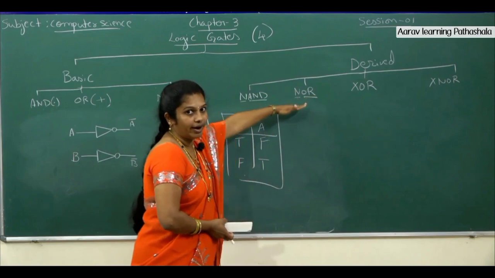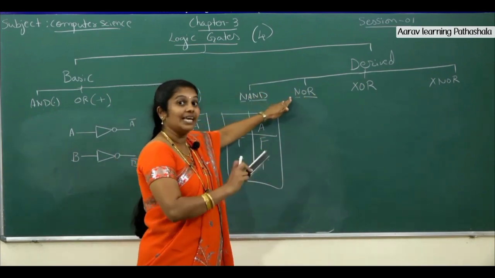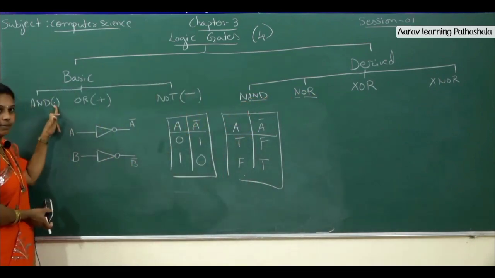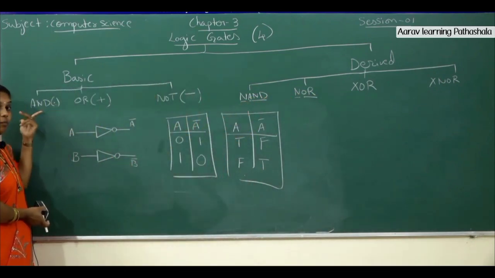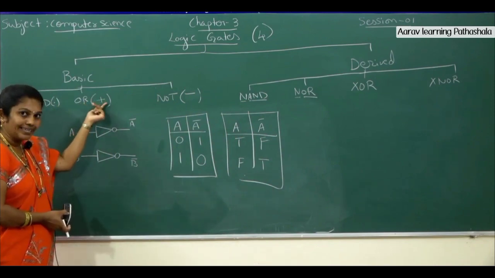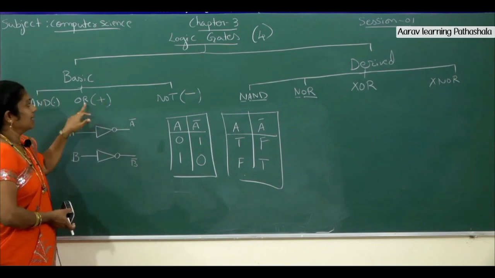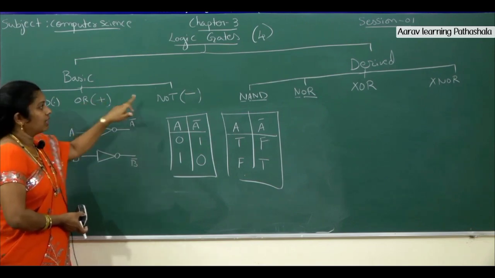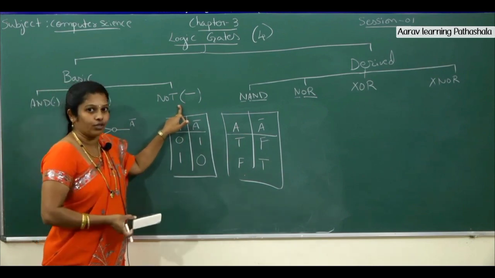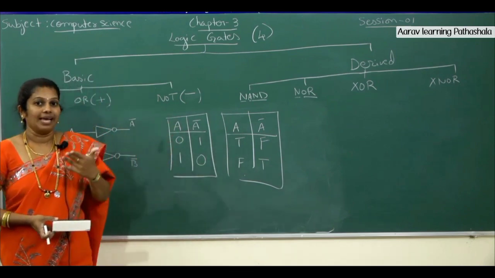These are called derived gates because they are derived from the basic gates. In basic gates, for AND gate we use the dot symbol, with a minimum of 2 inputs required. In OR gate we use the plus symbol between the variables as the operator. Whereas NOT gate is a negation gate, inverter gate, just a reverse of the input. These are the few basic gates.